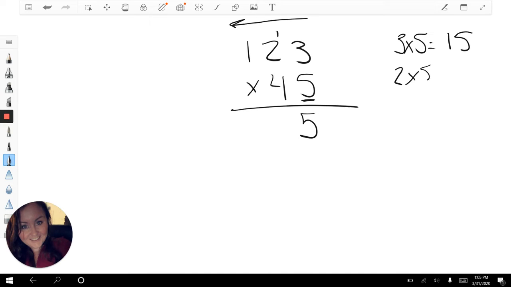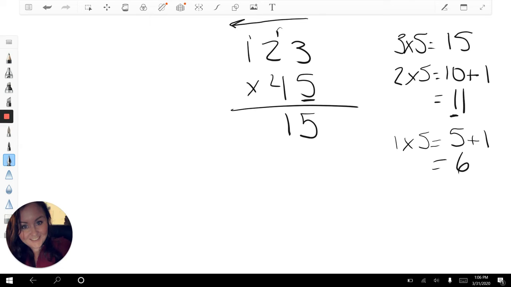We have 2 times 5, which is 10, plus this 1, which is 11. And we carry the 1. So what we're carrying is not just the 1, but the 10 value. Now we have 1 times 5, which is 5, plus 1, which is equal to 6.